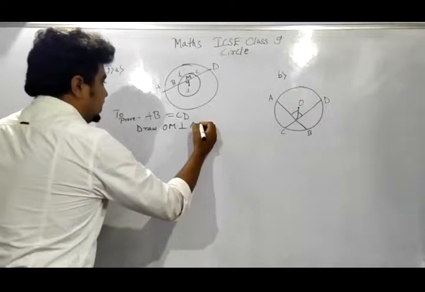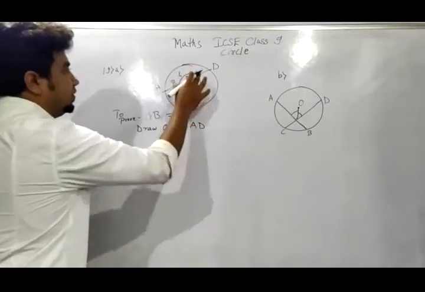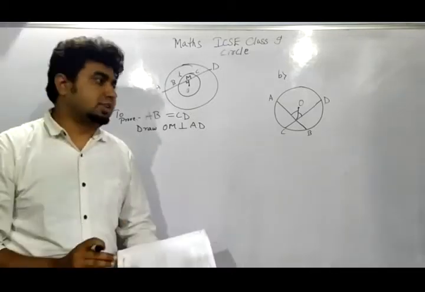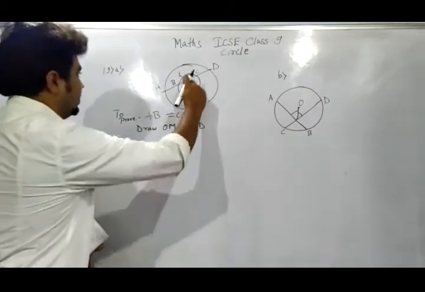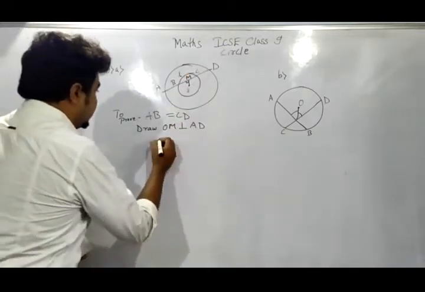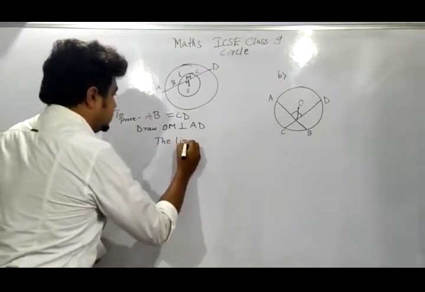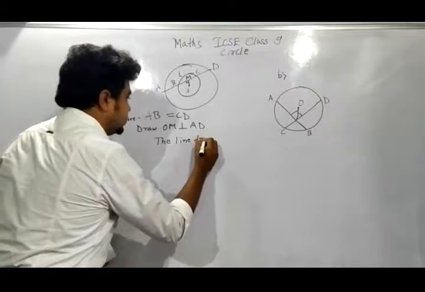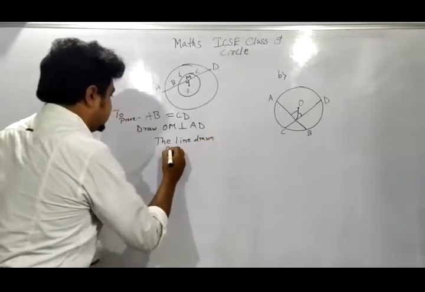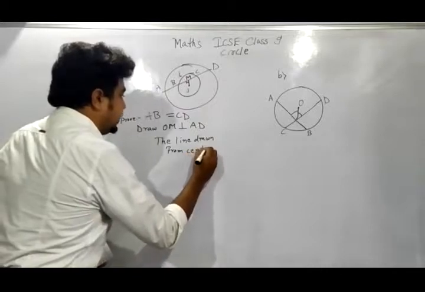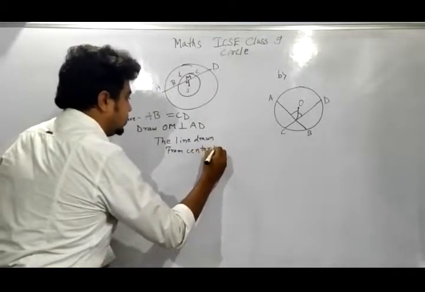One piece of information we get from here is that a perpendicular line drawn from the center bisects the chord.